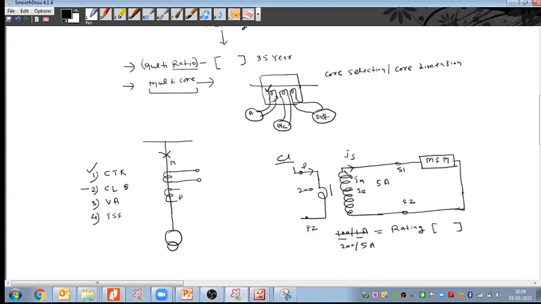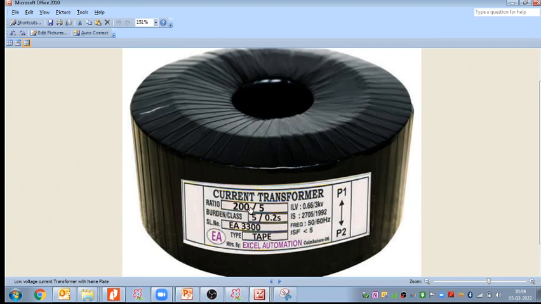But what will happen, some part of the current from the 5 ampere will go to magnetize this CT winding. So due to that subtraction, due to that magnetization current and excitation current, the actual transformation ratio will not be equal to the rated transformation ratio.